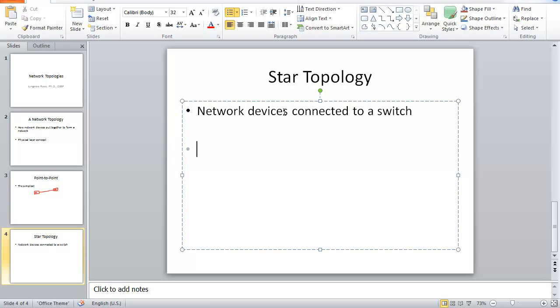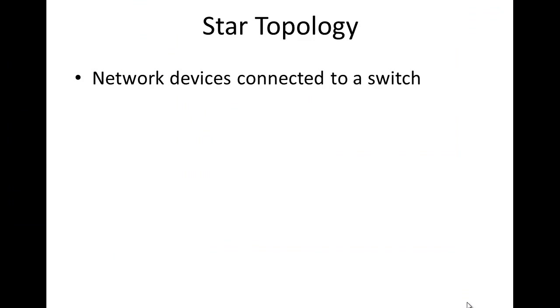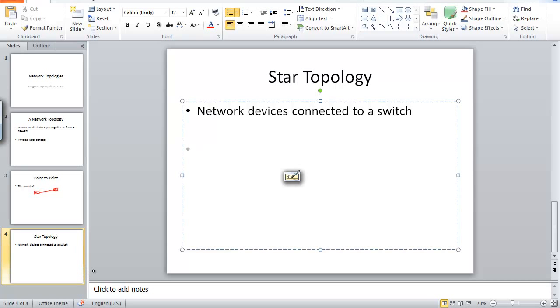And one thing you note here is that the traffic goes through the switch all the time. If I want to send something from one device to the other, the traffic has to always go through the switch, which is at the center of the star. So if I draw the topology, it will look like this again.